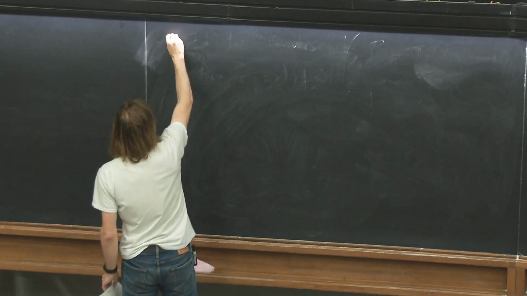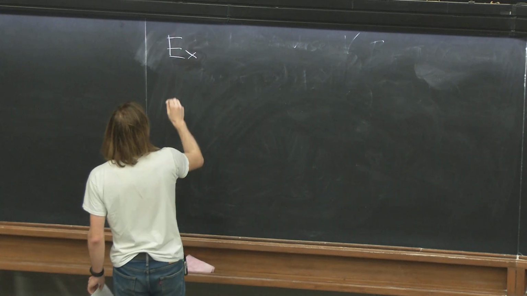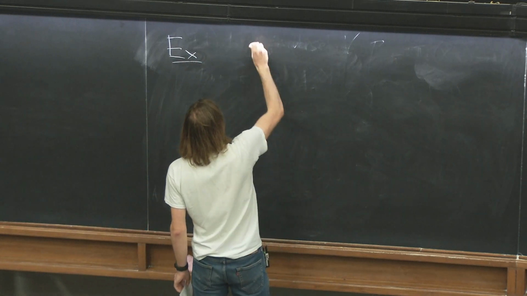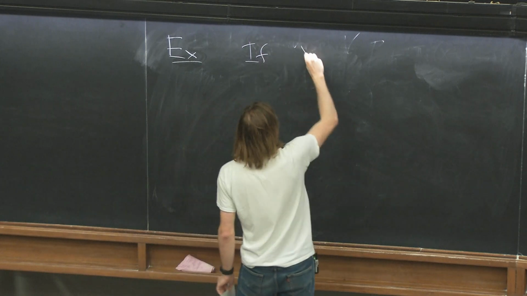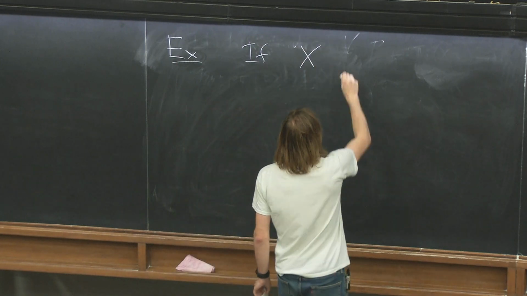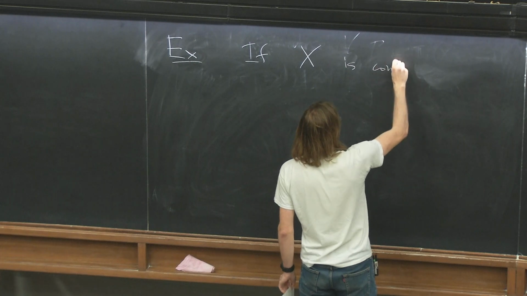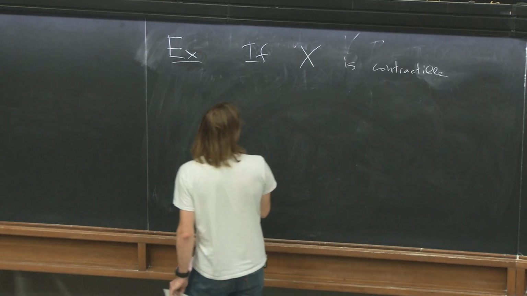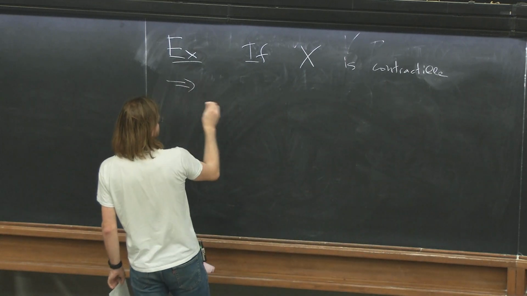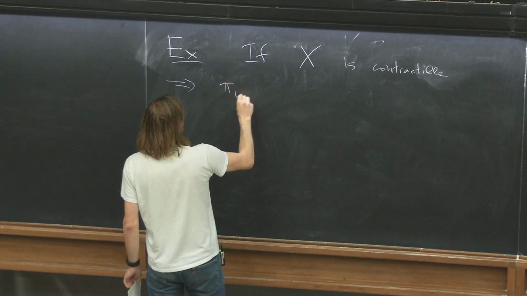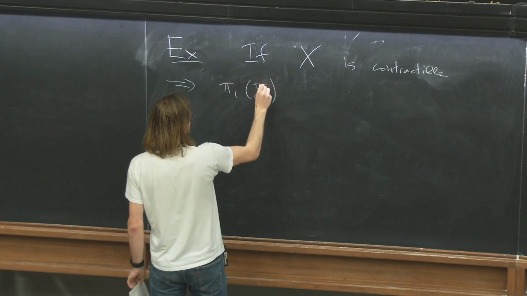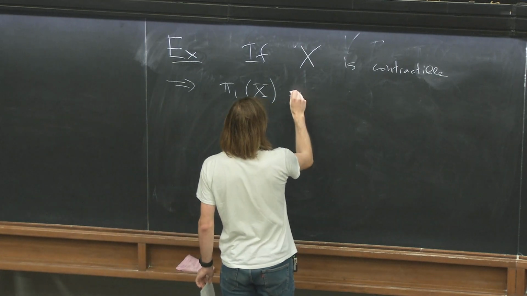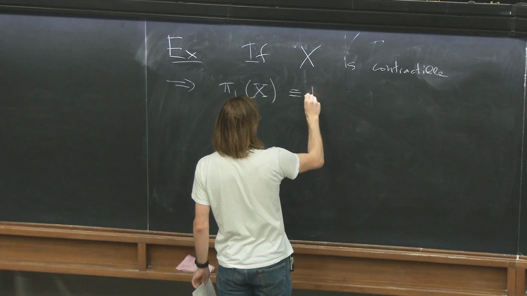Well, before that, it's useful to consider another example, a kind of computation of fundamental groups. There's the following statement: if X is contractible, and the notion of contractible we defined last time, then it follows that the fundamental group is trivial.